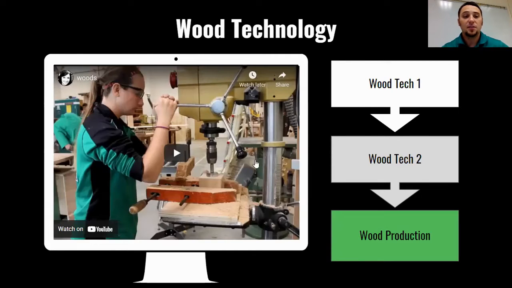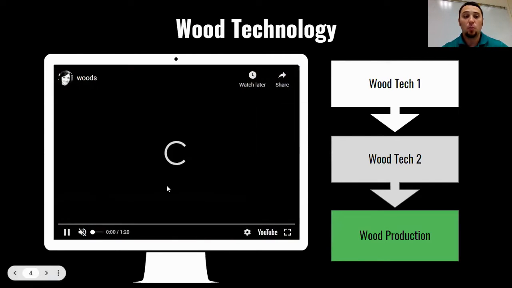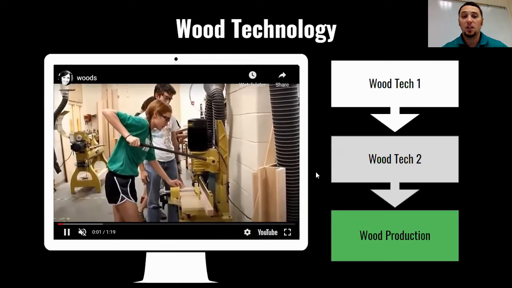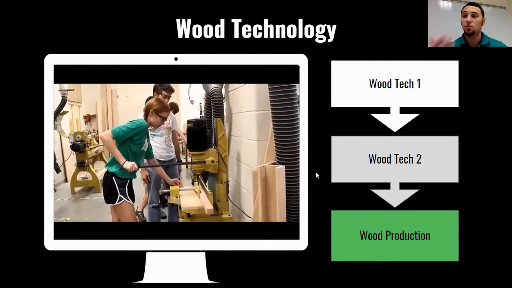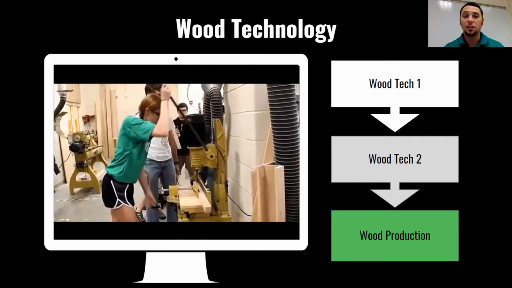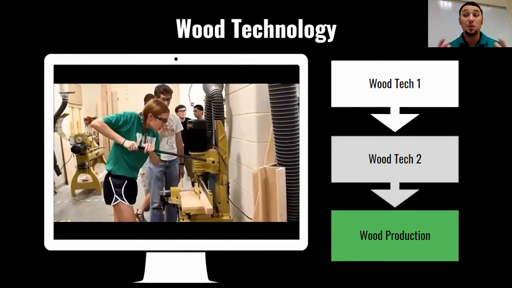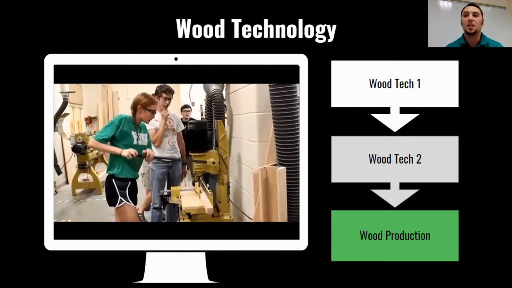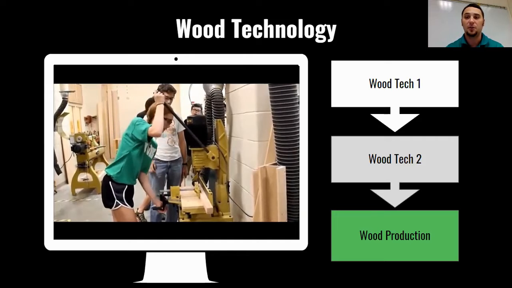In our wood tech classes, we start with Wood Tech 1. In Wood Tech 1, we're going to show you how to use all of the machines: how to use a table saw, miter saw, planer, and all of the different joinery operations. We're going to be building three different types of tables that you get to take home and display in your house.